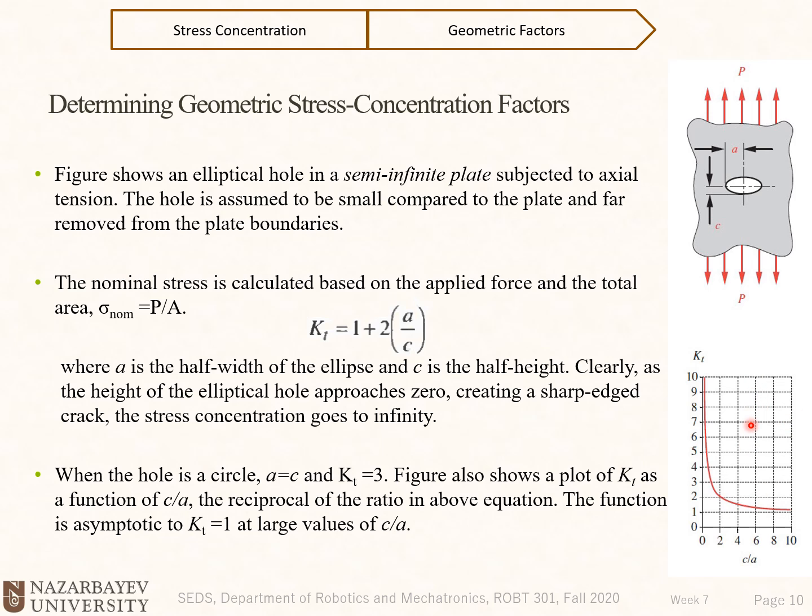The figure also shows a plot of KT as a function of C divided by A, the reciprocal of the ratio in the above equation. The function is asymptotic to KT equal to 1 at large values of C divided by A. So here you see that as C divided by A goes to infinity, KT will be equal to 1.